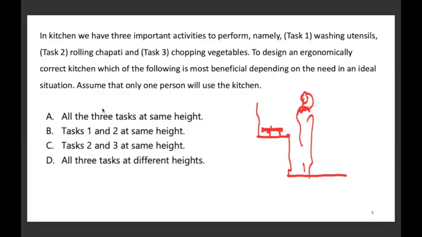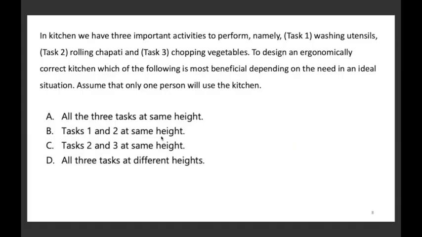When somebody is washing utensils, there is a depression like that of the basin, and there the utensils are washed, which means this height is different. And when you're chopping vegetables, you can chop them on the platform, or in most cases people place a cutting board on top and then chop, which means all three heights are different. So the answer is D, which is the correct answer. Okay, we move to the next one.